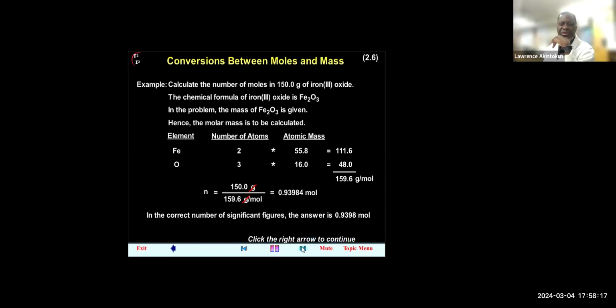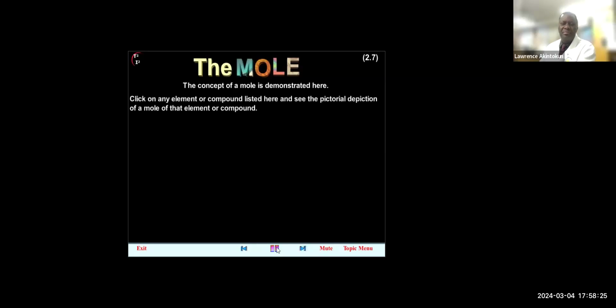All right, so let's move on to the interactive section of this lesson. The concept of a mole is demonstrated here. Click on any element or compound listed here and see the pictorial depiction of a mole of that element or compound.